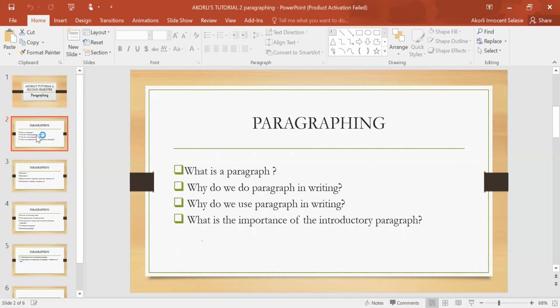There could be a group of words which may begin with a capital letter and end in a full stop. Physically, if you see it, you might think that could be a paragraph. That is good. So that was the physical properties of a paragraph.